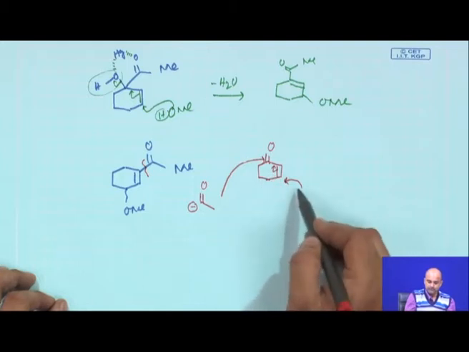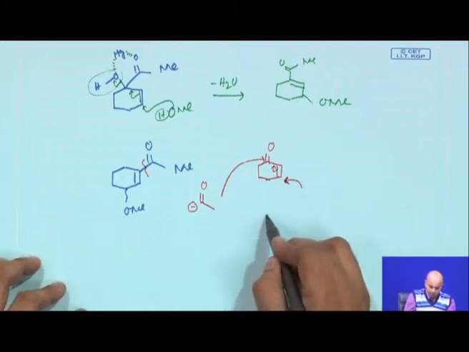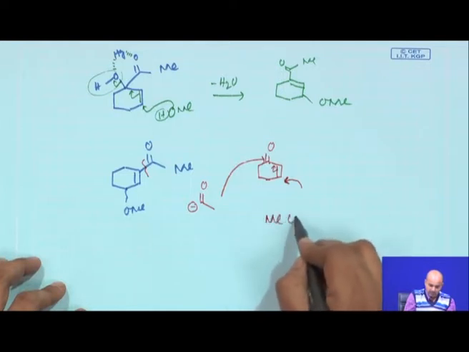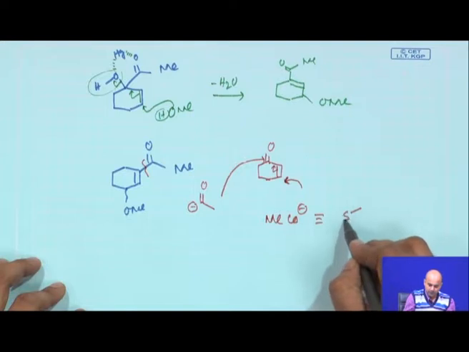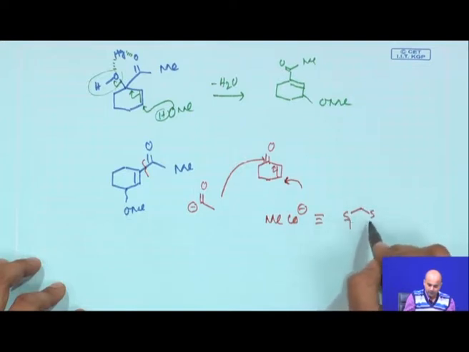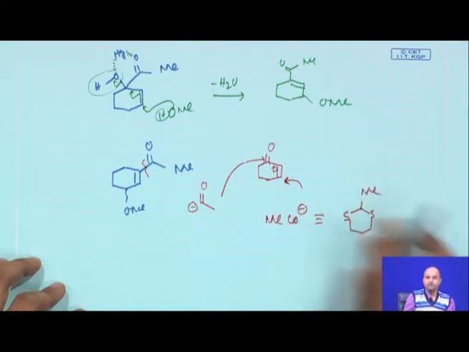So, this is the main synthetic transformation, and you actually need a MeCO minus which has been generated from this particular acetaldehyde 1,3-dithiane. It is a bit unusual to visualize, but sometimes it gives you very nice, interesting chemistry.